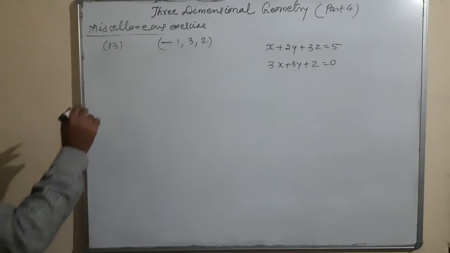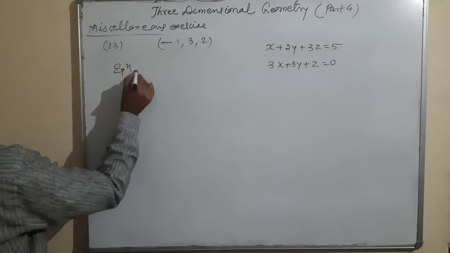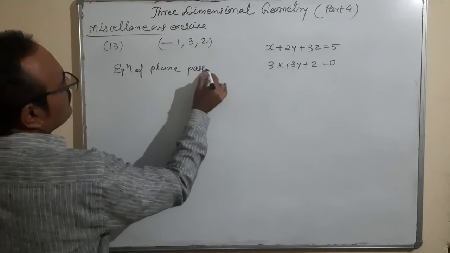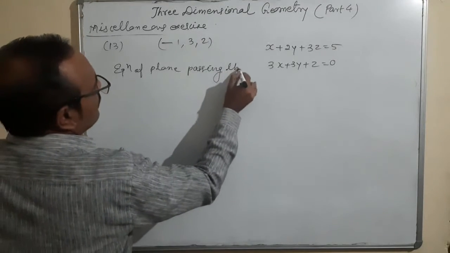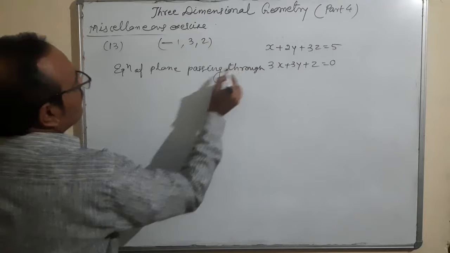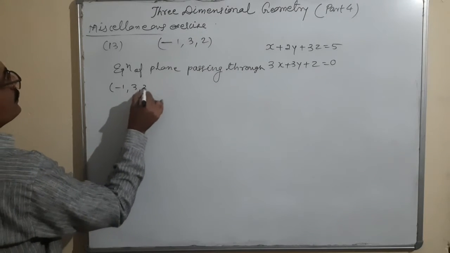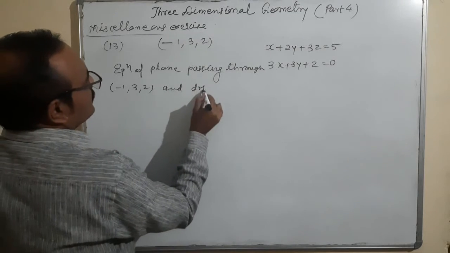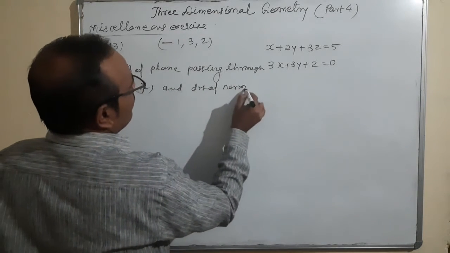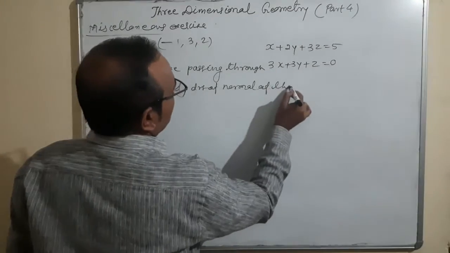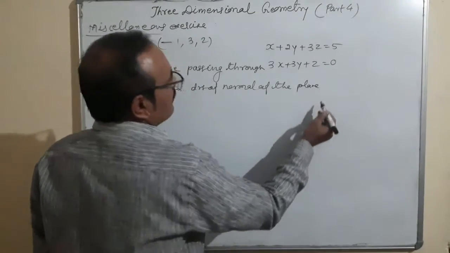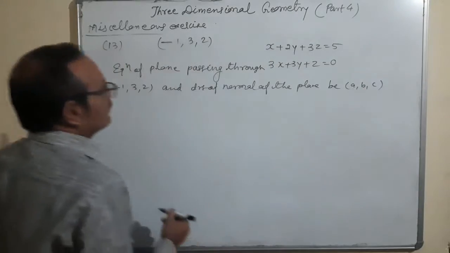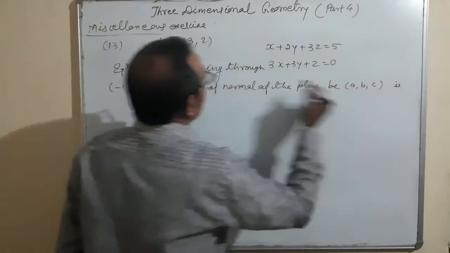So I'm going to find the equation of the plane passing through (-1, 3, 2), and let the direction ratios of the normal of the plane be A, B, C. What is the equation of the plane?